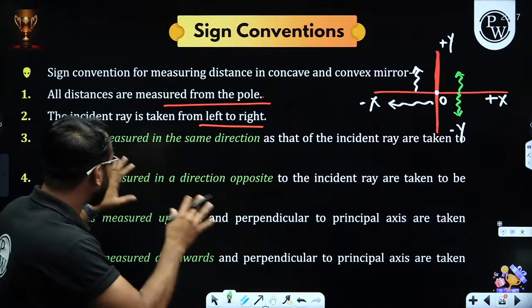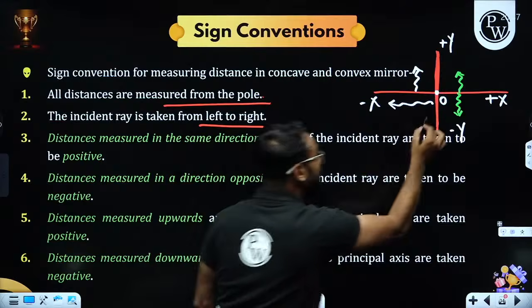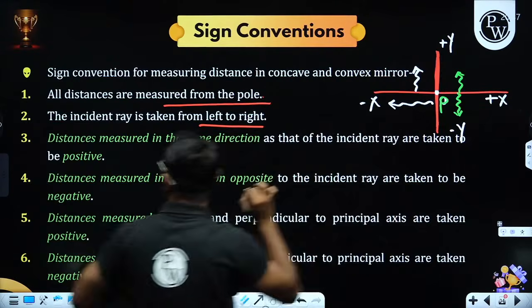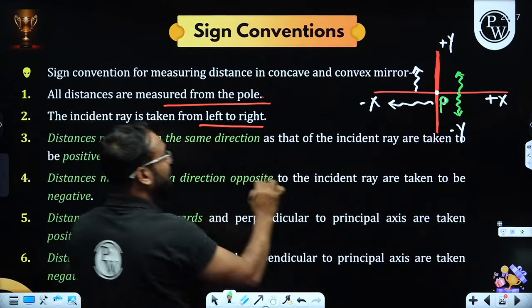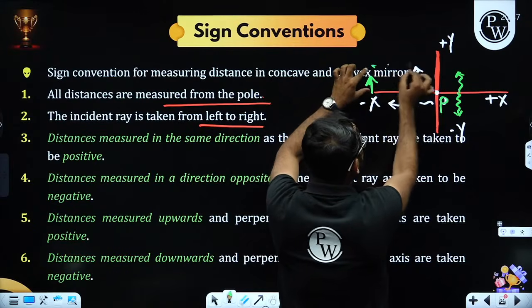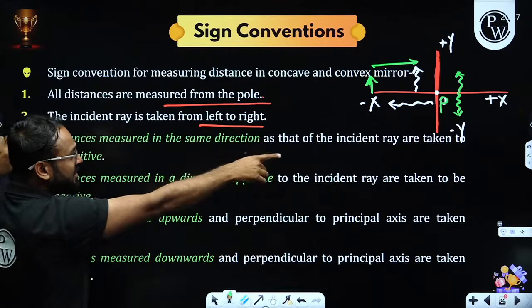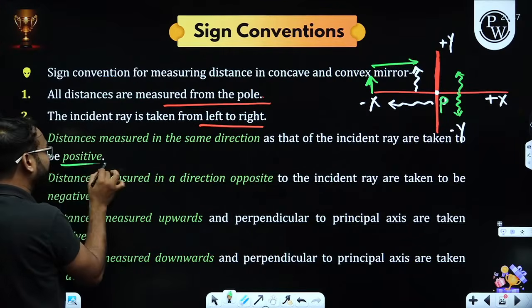Yes, these are written in the form of sentences. Like all the distances will be measured from the pole. We have considered the pole over here. Incident ray taken from left to right. That means if the object is kept over here, the light rays will go in this direction, left to right. The distance measured in the same direction as that of the incident ray is taken as positive.